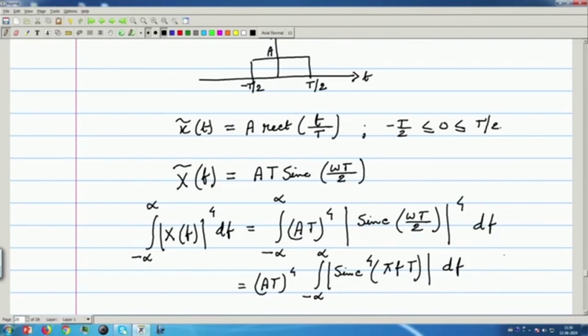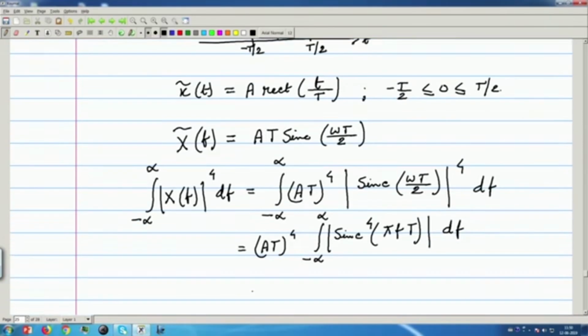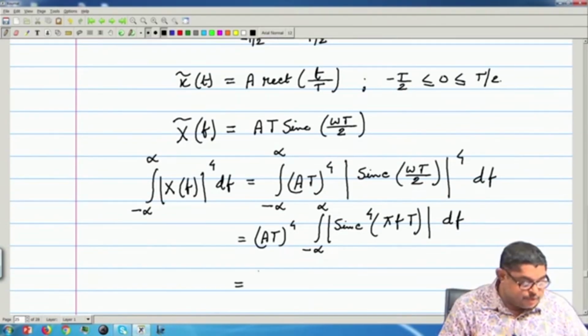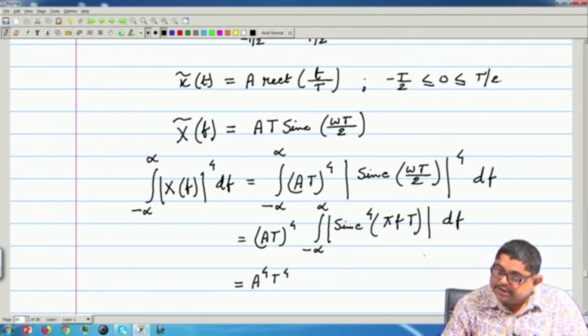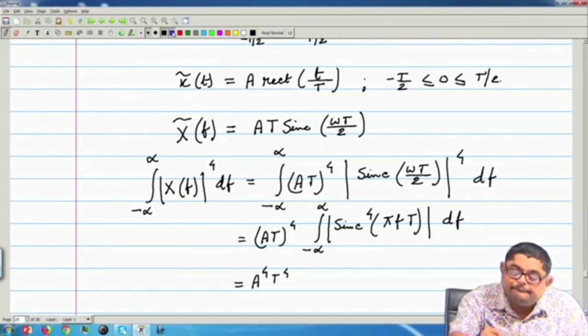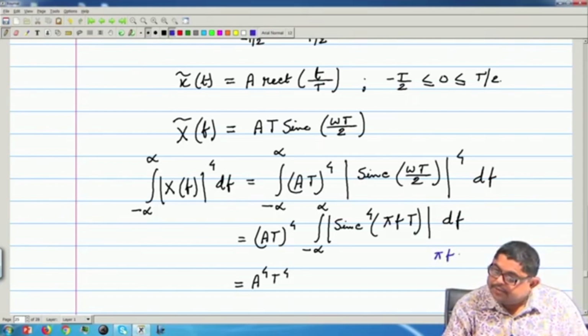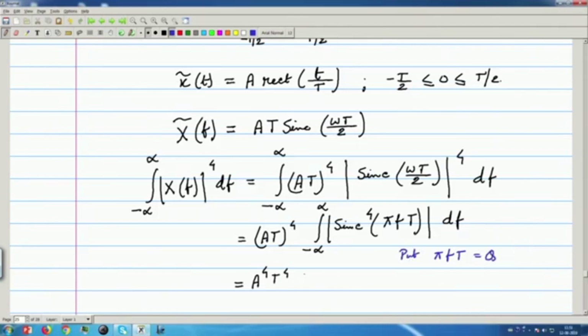So, we can easily do this integration. It is A to the fourth t to the fourth, and then I can put pi f t equal to theta. You can do this, and then that part is a simple integration.